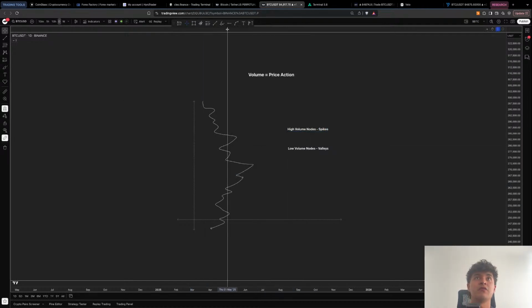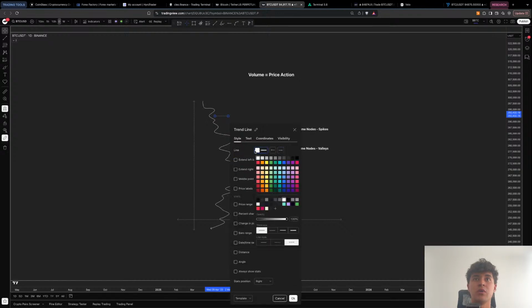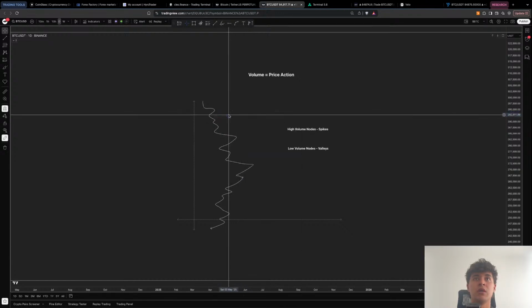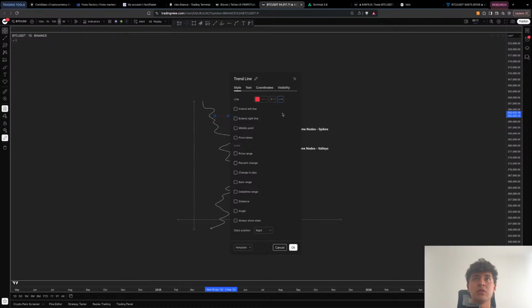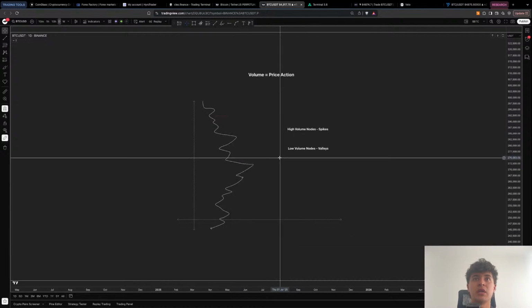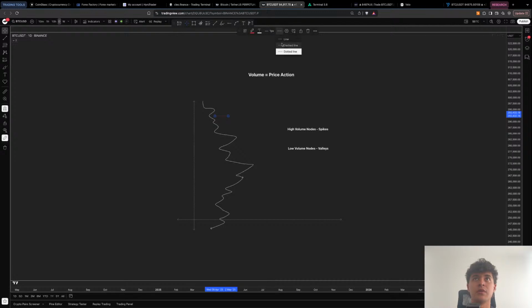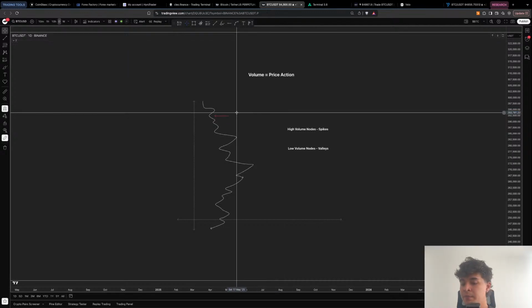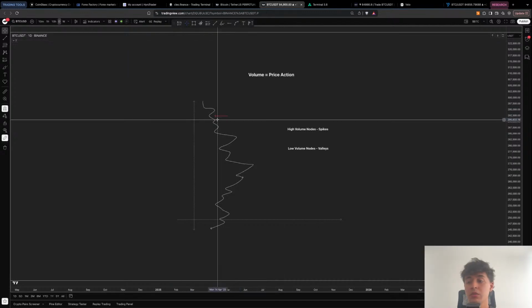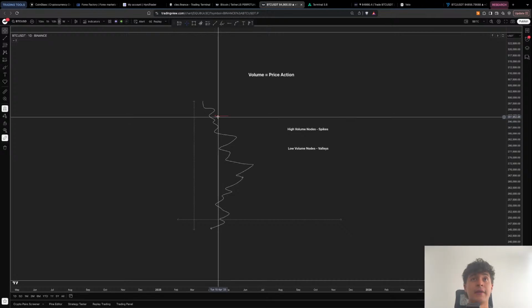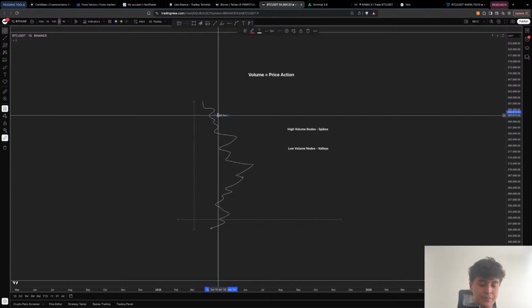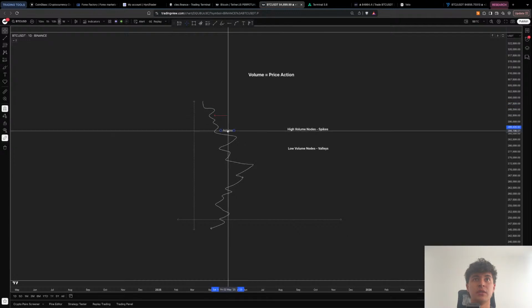So for example, I'm going to highlight with an arrow over here. We are going to highlight the low volume nodes with this arrow and put it as a line. I will answer questions as we finish, or if I see any relevant question right now according to what we're seeing.